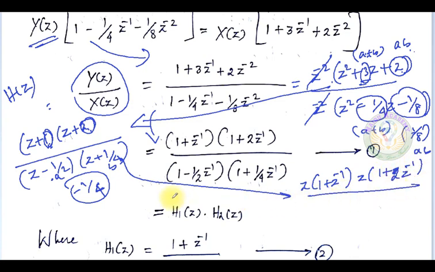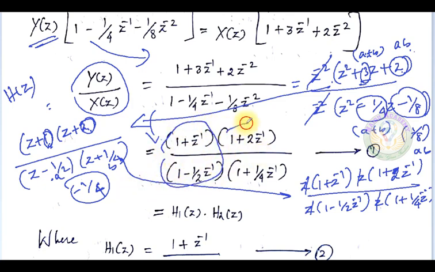Similarly in the denominator part, if you take z common, z times 1 minus 1 by 2 z inverse. Then here also you take z common, 1 plus 1 by 4 z inverse. So z will cancel each other. So now you see you got this expression. Now this is your h1 of z and this is your h2 of z.